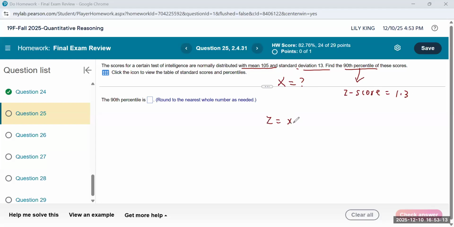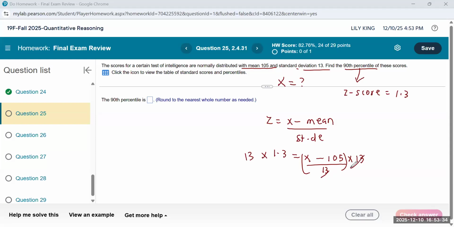So using the z-score formula, we can find x. We have 1.3 equals x minus 105, divided by 13. To get rid of the fraction, you multiply both sides of the equation by 13.